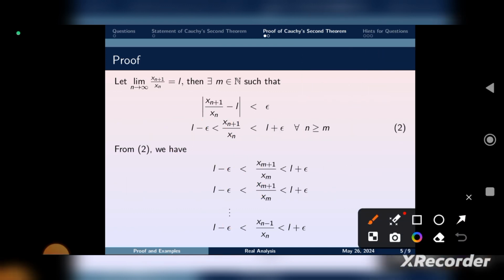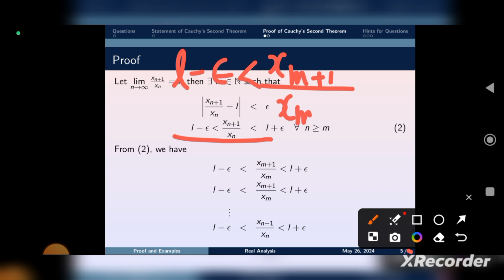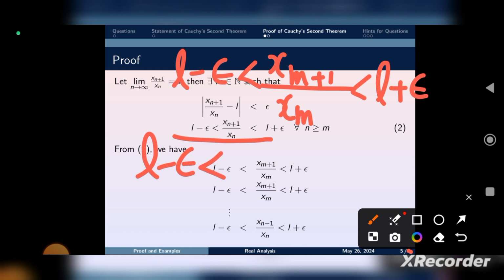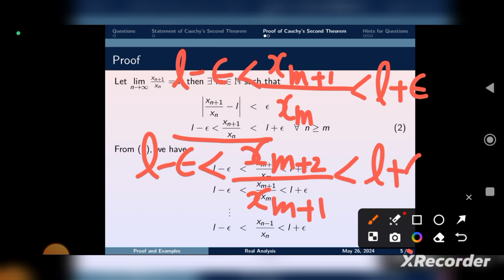If this inequality holds for m plus 1, how will it look? It will look like L minus epsilon less than or equal to x m plus 1 by xm less than L plus epsilon. Similarly, if this inequality holds for m plus 2, then it will look like L minus epsilon less than x m plus 2 divided by x m plus 1 less than L plus epsilon.